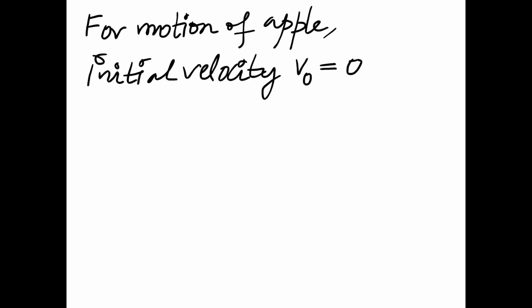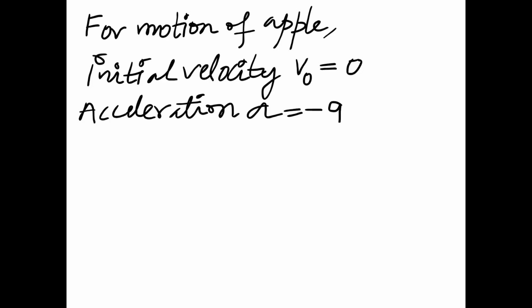And what about acceleration? As it is falling down, acceleration a will be equal to g actually. According to the sign, it is minus g. You know the value of acceleration due to gravity. It is minus 9.8 meter per second square.